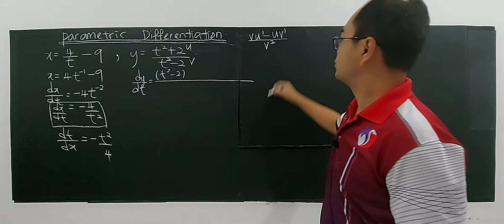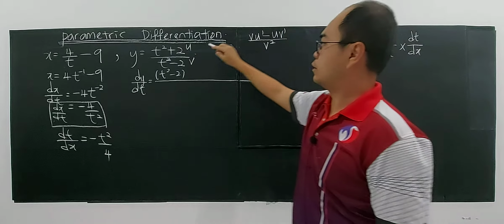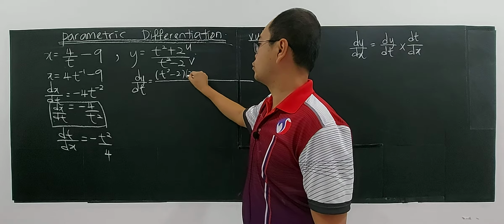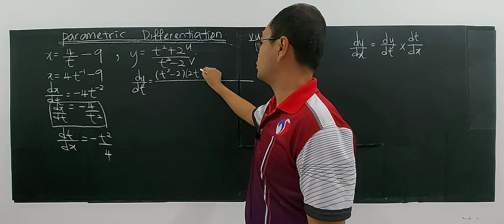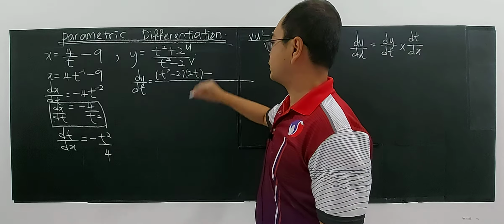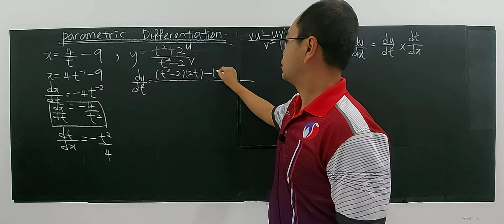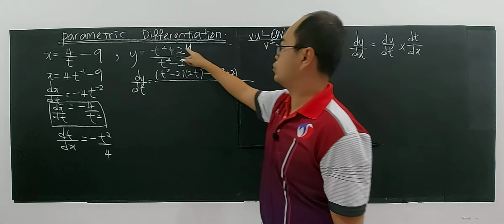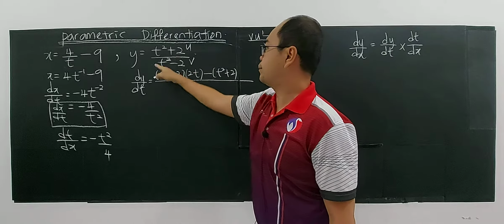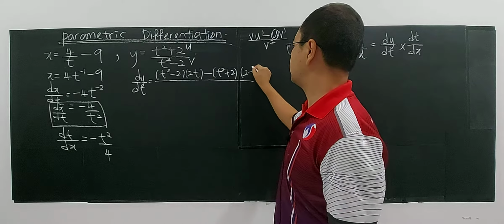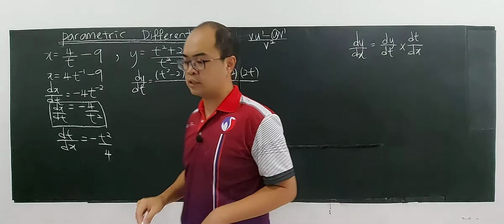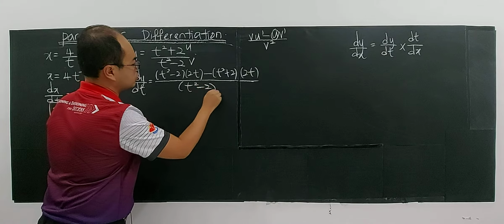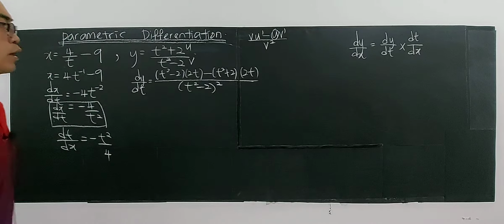Differentiate t squared, 2t. Differentiate 2, 0. Then u v prime: you have 2t, differentiate t squared minus 2, 2t, over (t squared minus 2) to the power of 2.